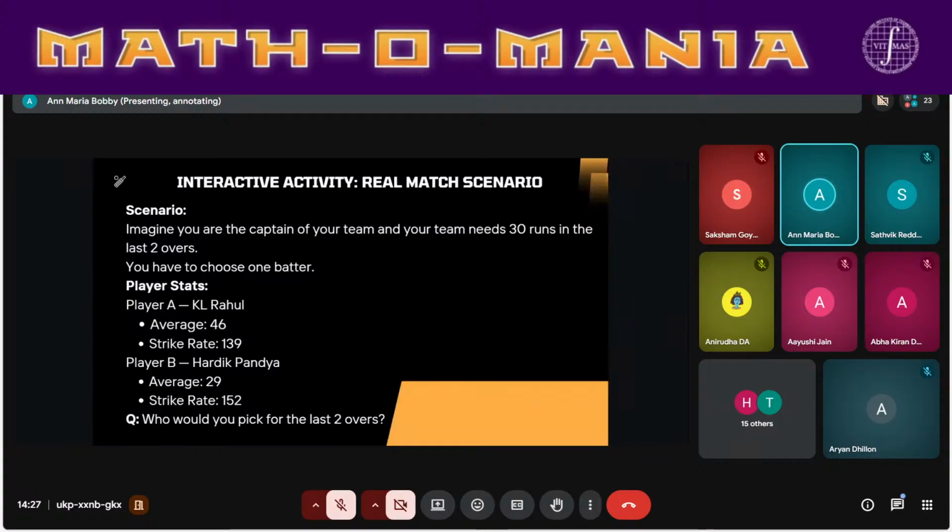And you have player B as Hardik Pandya with an average of 29 and a strike rate of 152. So who would you pick for the last 2 overs? Imagine you are the captain of your team. Who will be your choice for the last 2 overs?